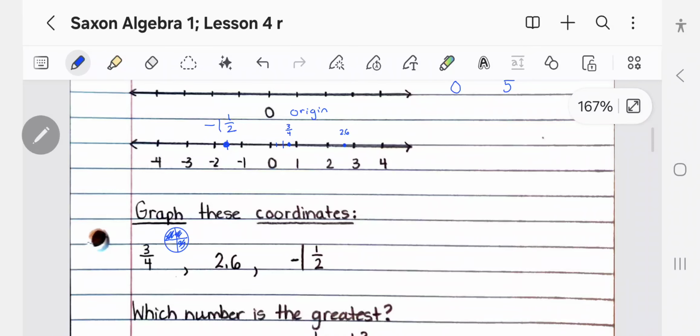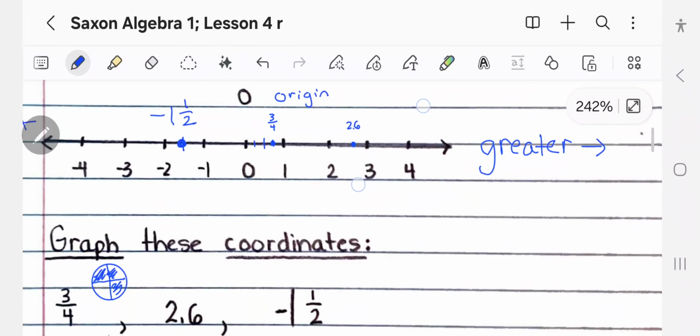Once you plot your points, you can answer this question. Which number is the greatest number? Well, our greatest numbers are always going to be going to the right. And our least numbers are always going to be going to the left. Left, least. So that's helpful. So which one is the greatest? What's going to be the one furthest to the right?